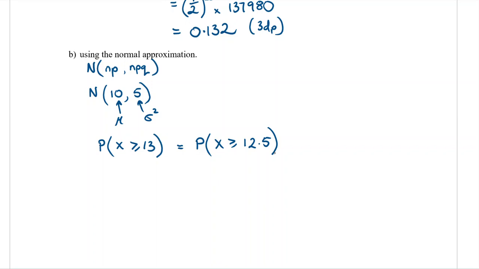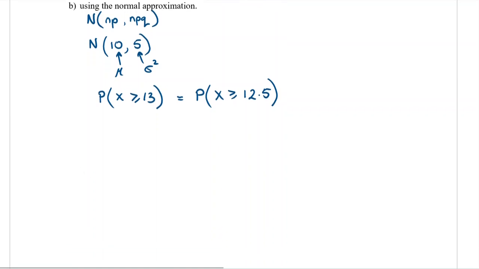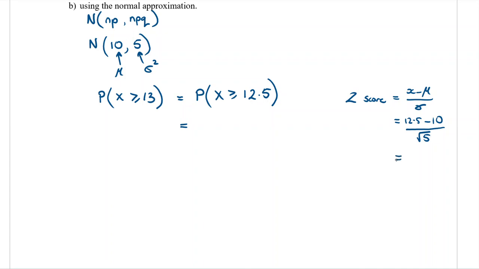Okay. All right. Now I want to change this into a Z score because my tables use Z scores. So our Z score formula, I'll do it over here on the side, is x minus mu over standard deviation. My score, my x, is 12.5. I subtract off my mean, which is 10, and I divide by my standard deviation. Well, my variance was 5, so my standard deviation is going to be square root of 5. No, not 0.5, it'll be 2 point something or other, square root of 5.